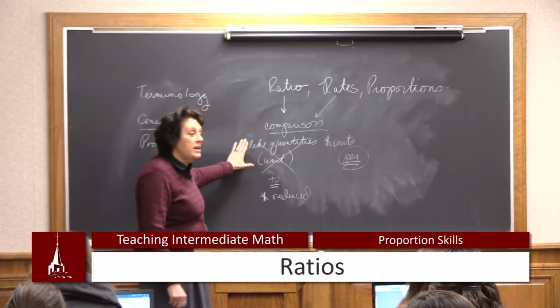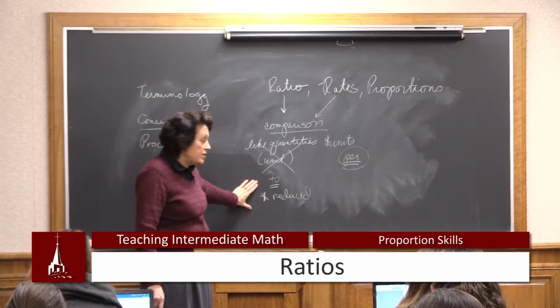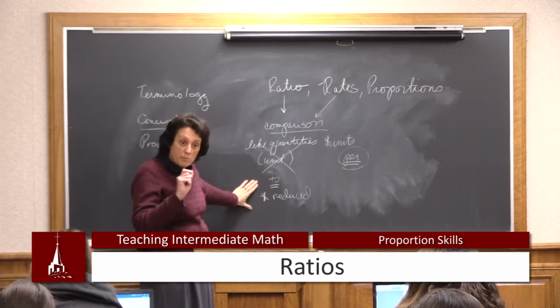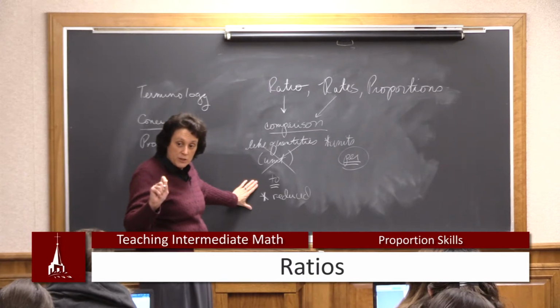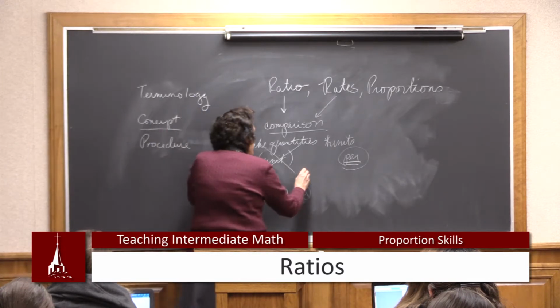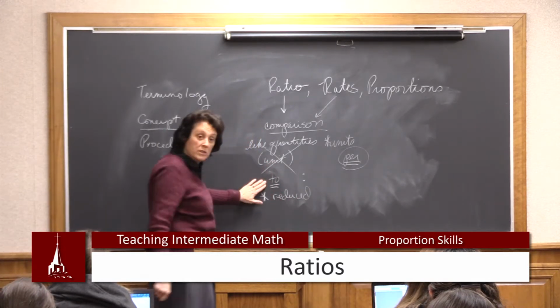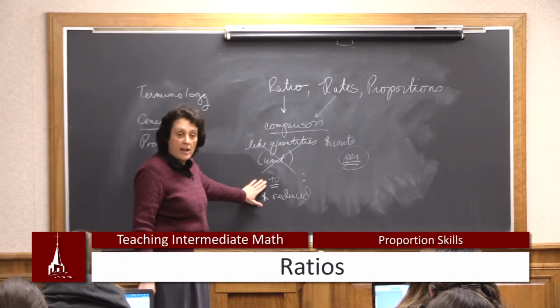So a ratio is a numerical comparison only that we reduce to lowest terms, the smallest numerical comparison between two like quantities. We usually use the word "to," symbols with a colon maybe, also can be symboled with a fraction.